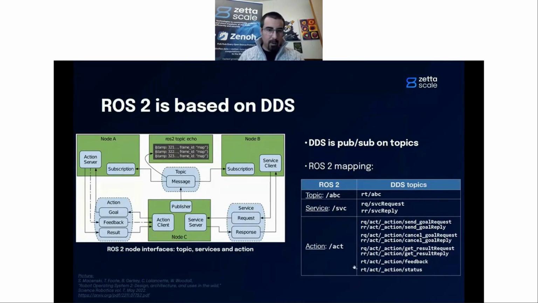So when you declare an action in ROS2, all those topics will be created in DDS, and depending on whether you are the action server or the action client, you will have publications and subscriptions on those various topics. So far, so good. This is working very fine with DDS for ROS2.